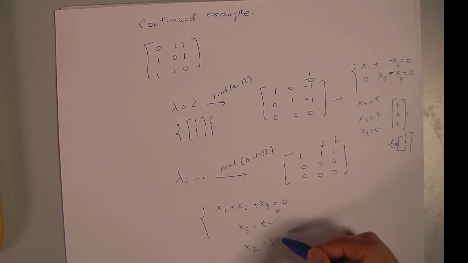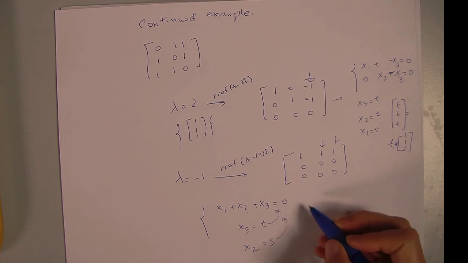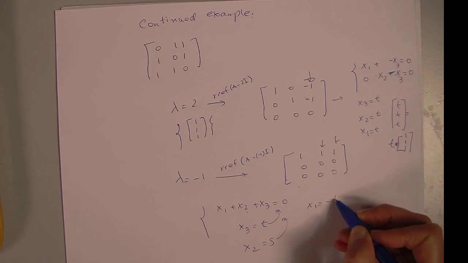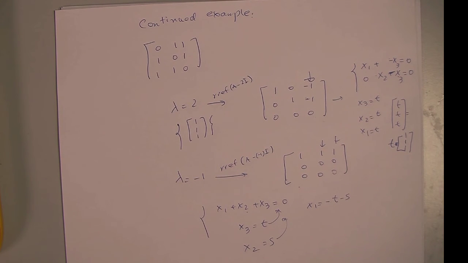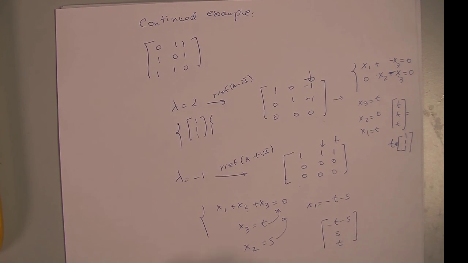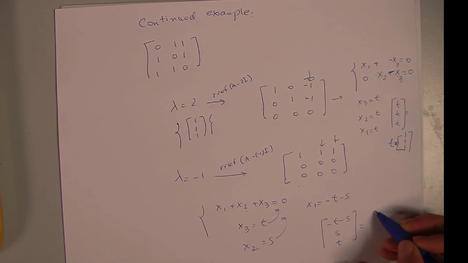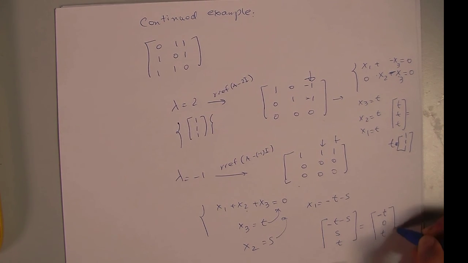Now plug it back in, and we get x1 equals negative t minus s. Rewrite the solution: negative t minus s, s, and t. Separate the variables: negative t, 0, t, plus negative s, s, 0.